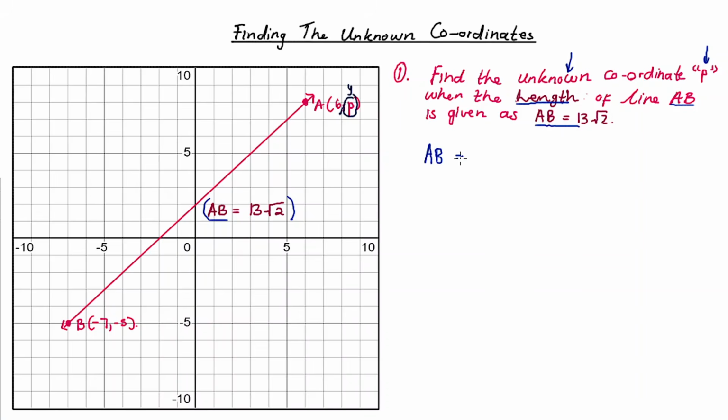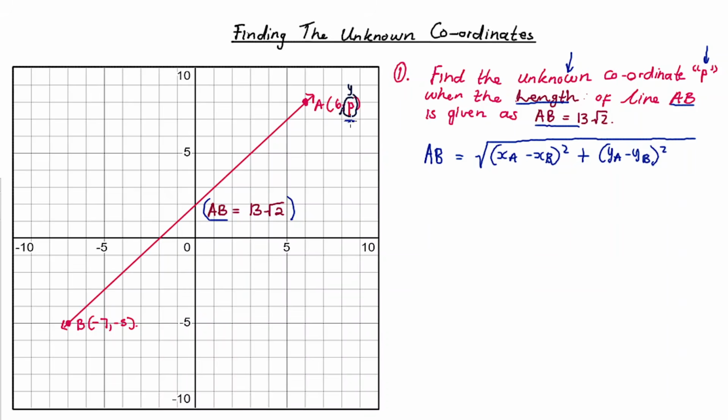So for this type of problem, we're going to have to use the distance formula. AB is going to be equal to the square root of XA minus XB squared plus YA minus YB squared.